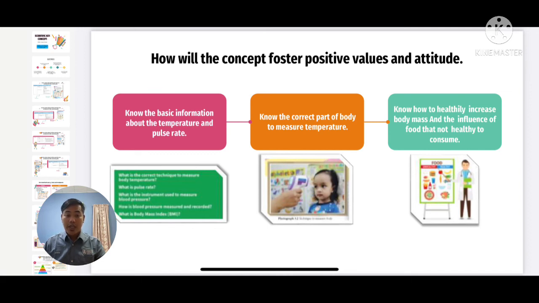He also can explain what types of food his friends can consume to make sure their health grows in the right way. Ali can explain and teach his friends the knowledge that he knows.